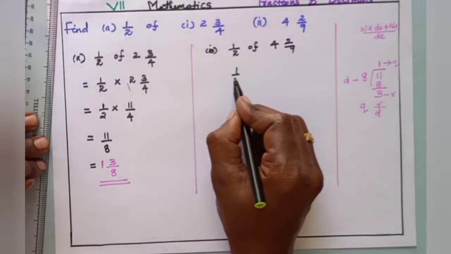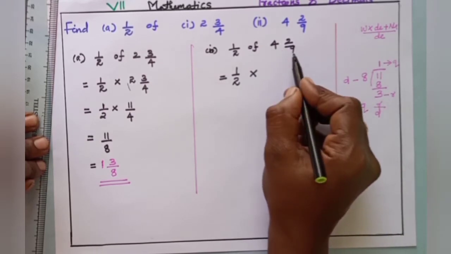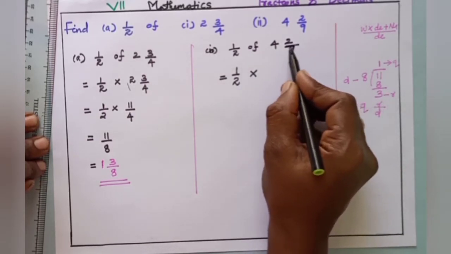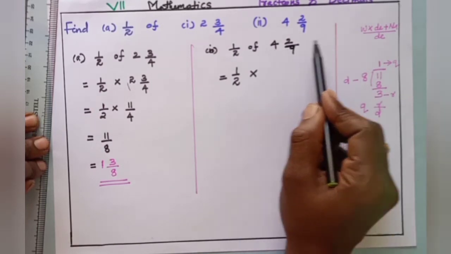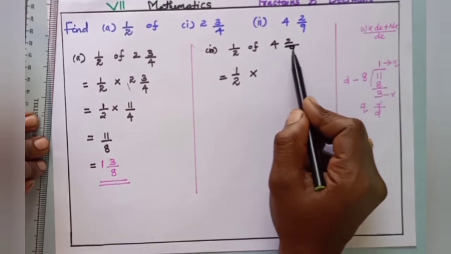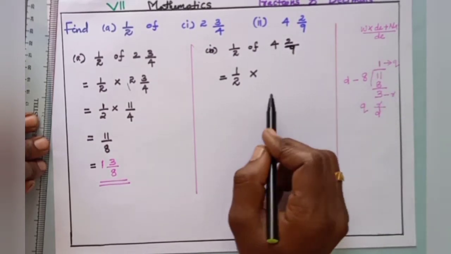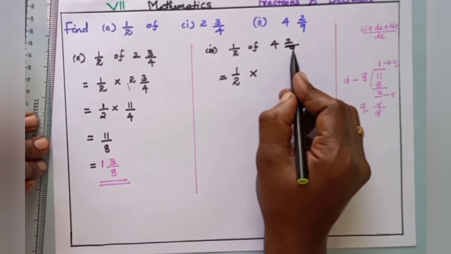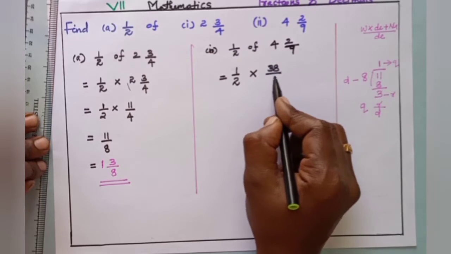So 1 by 2 of is into 4 and 2 by 9, a mixed fraction. Convert into improper. So whole number into denominator plus numerator by same denominator. So 4 into 9, 36 plus 2, 38 by 9.